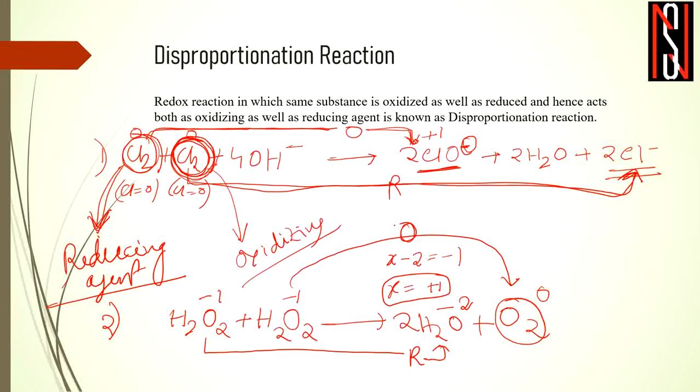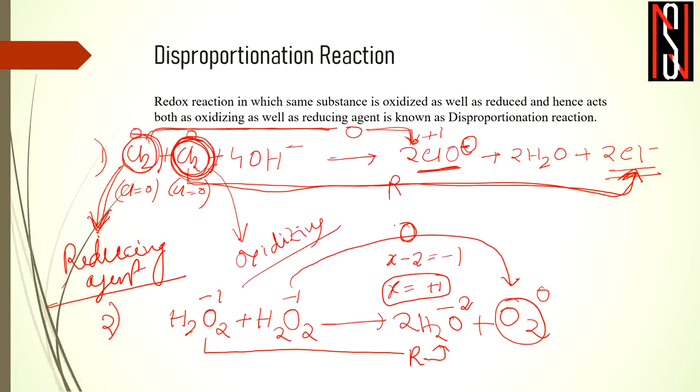Now you should think about this reaction in such a manner that these two H2O2 are a similar substance, right? But one H2O2 is being reduced to H2O, whereas another H2O2 is being oxidized to O2. So there is a similar substance, that is H2O2. It is oxidized as well as reduced in the same reaction.